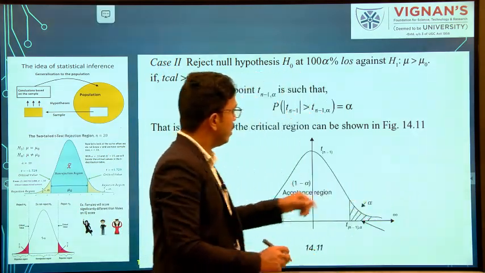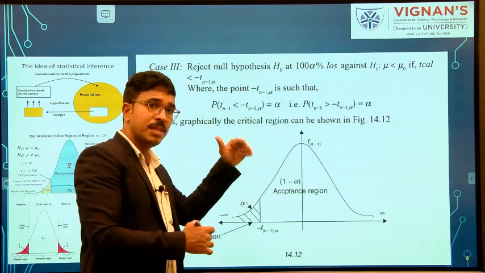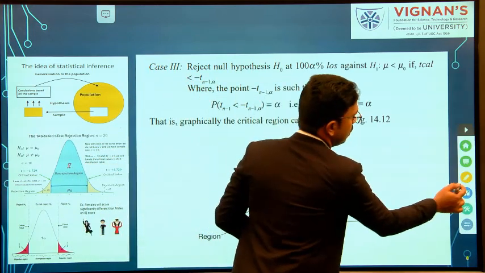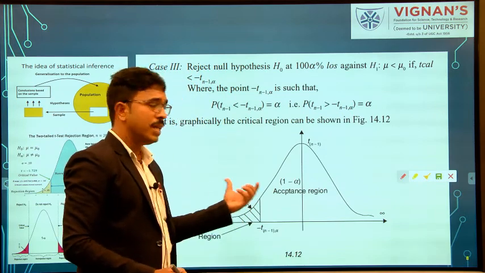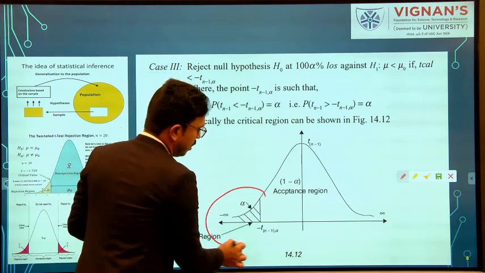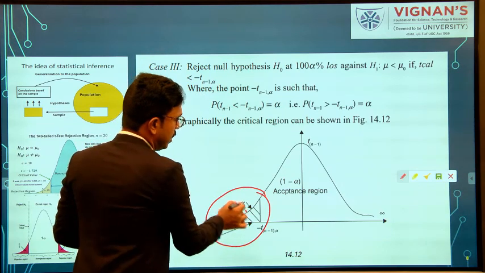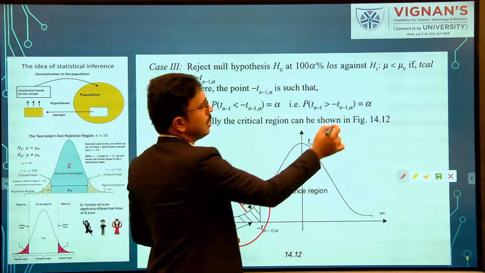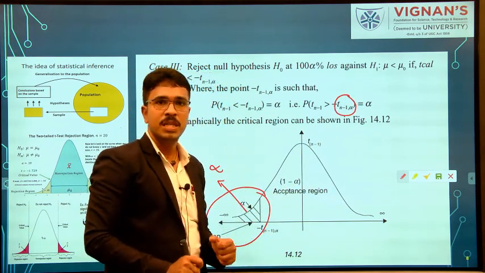In the same way, we have another case to accept or reject, which is the left-tail test. That's why here you can see the critical region is on the left-hand side, and we represent this critical region with alpha only. What is the rejection criteria? t(n-1, alpha).